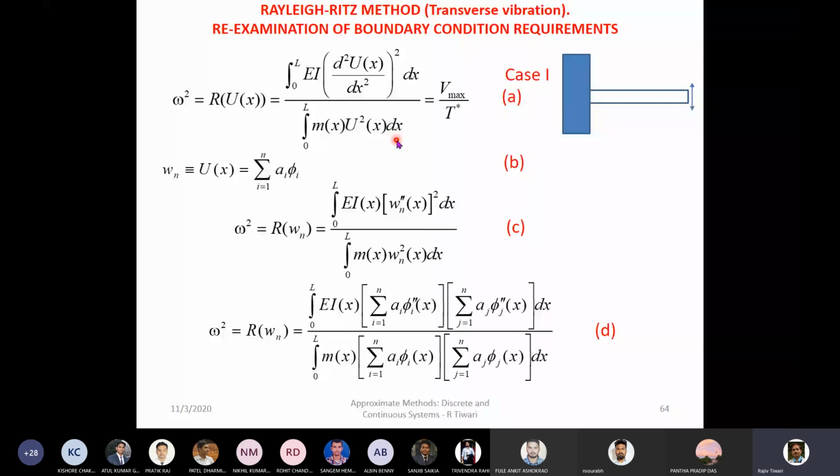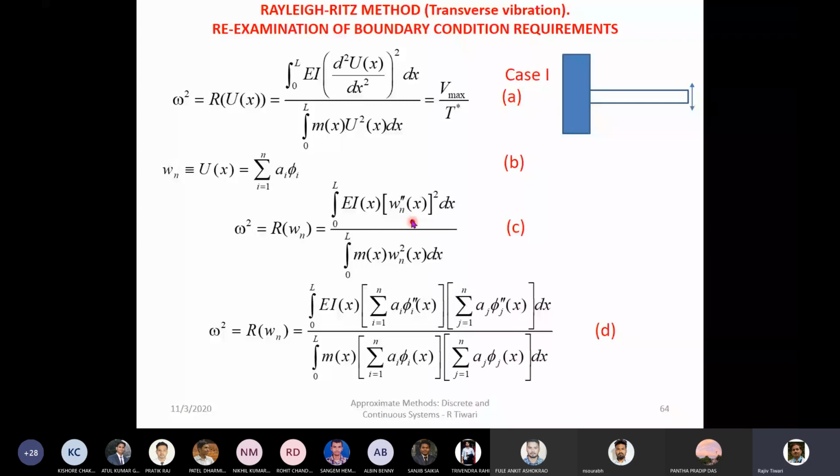So now we choose our solution in the form of a series, having phi as an admissible function and a as the constants, and we substitute it in place of u(x) and w. The double prime here represents differentiation with respect to x twice. In the axial rod case, it was a single prime, but now it is a double prime.